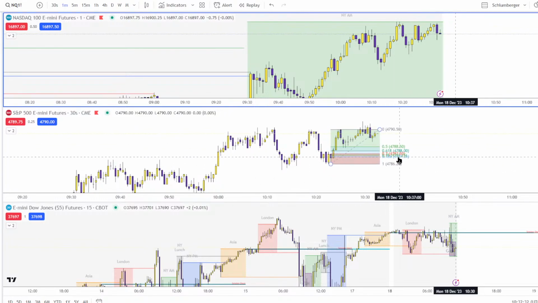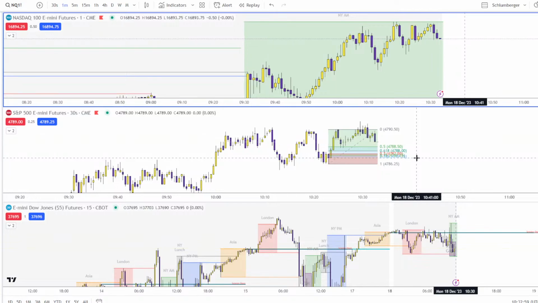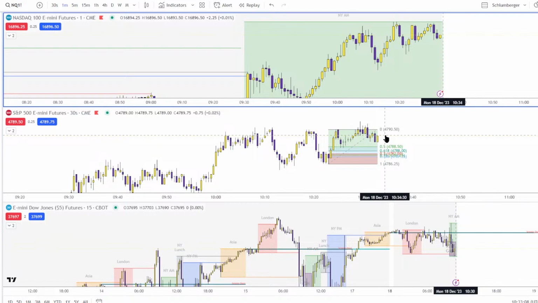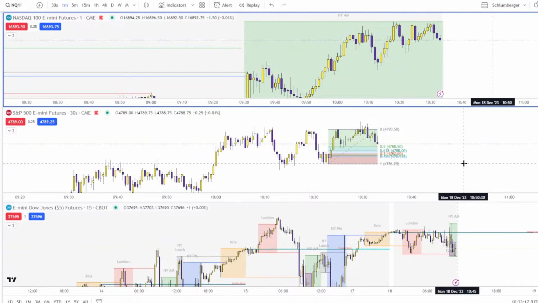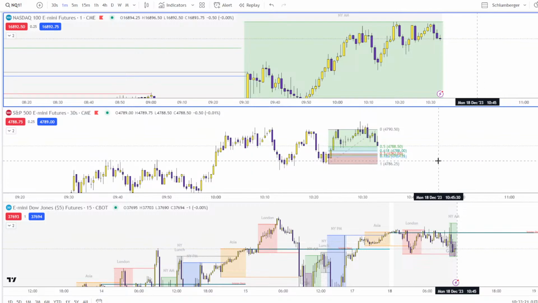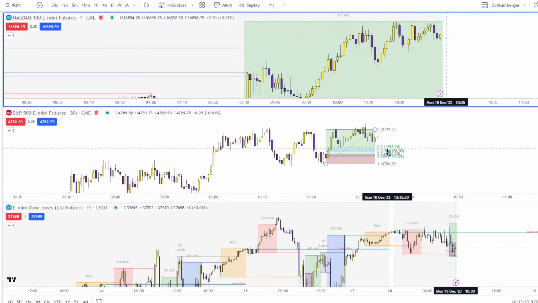If it holds price, look down here. So far, everything's supporting price.